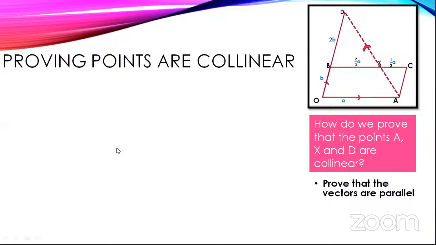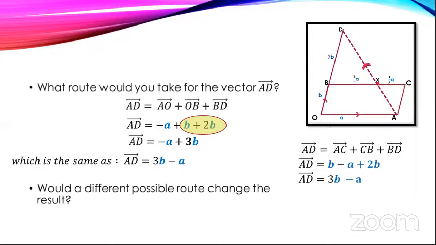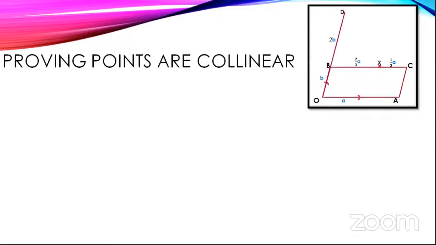That's basically what we're doing next to prove collinearity. So hurry up and make sure you get the screenshot quickly. If anything, we can come back to it. All right, so let's move on.